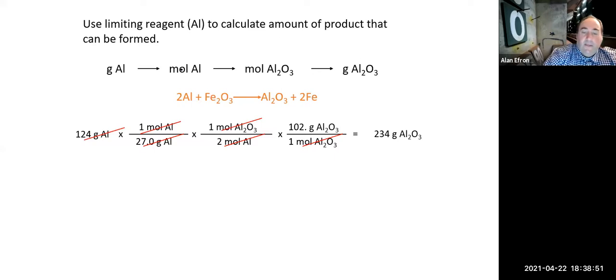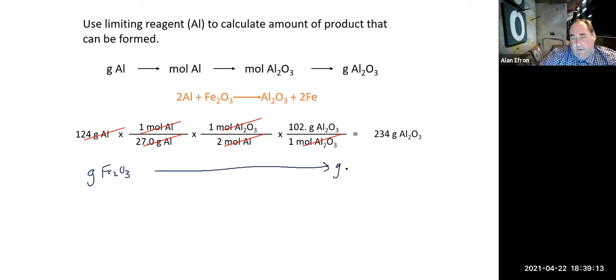The third most common way that people do it is to do two separate calculations like we see on the screen here. One like this, starting with aluminum, and then one where you would go from grams of this guy all the way to grams of aluminum oxide.